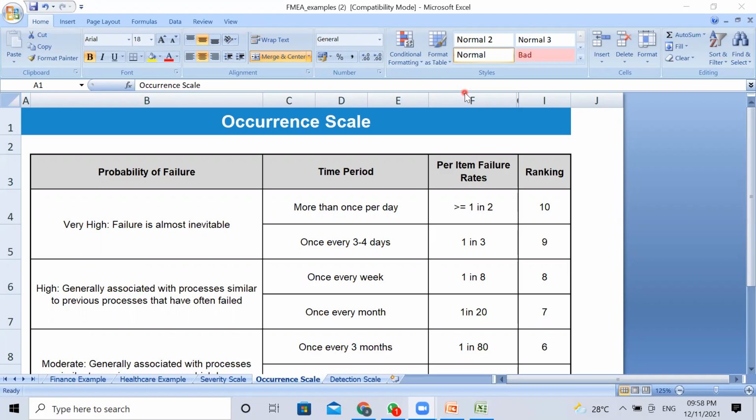Whenever I do the project review during the improve phase, there is one point in my checklist asking whether you have done the FMEA. Then they have to show me the evidence of doing the FMEA, whether they have identified any failure modes, and what actions they have taken. I will review that, and once I'm satisfied, only then will I approve the project to be taken to the control phase. Otherwise, I will not approve.